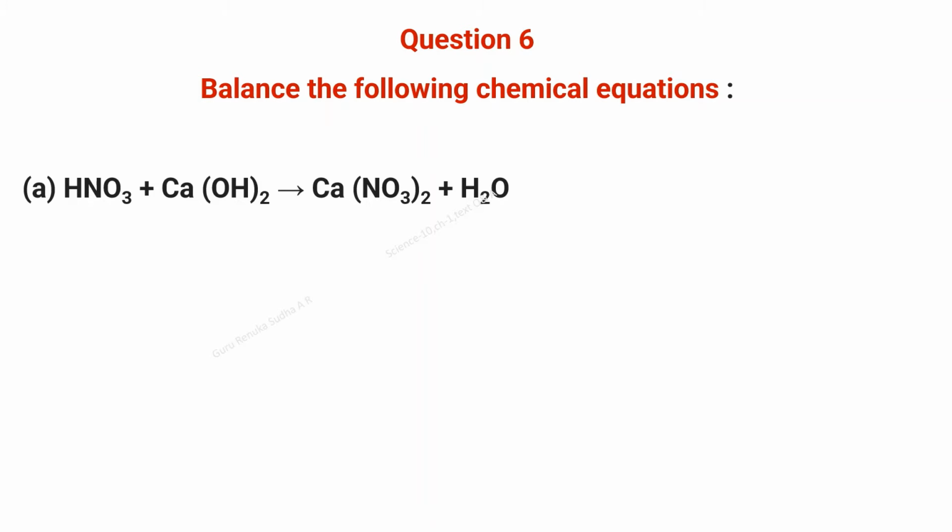You have to check whether they are in a balanced way. If so, you can say that this equation is a balanced equation. But if not, you have to balance by multiplying by some numerical values. Then only you can balance the equations.